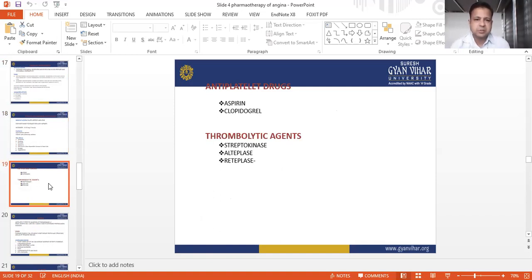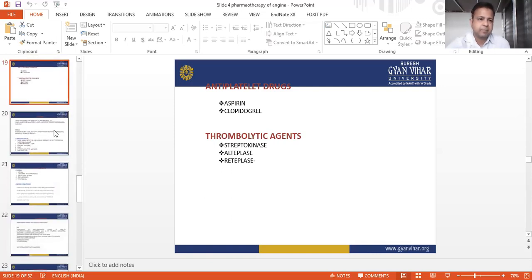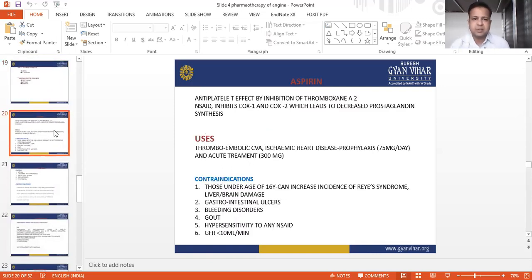Antiplatelet drugs, that is, aspirin, clopidogrel. Thrombolytic agents, that is, streptokinase, alteplase, reteplase. Aspirin: antiplatelet effect by inhibition of thromboxane A2.